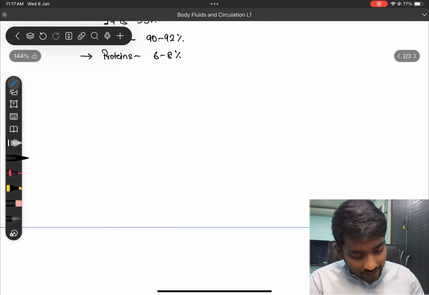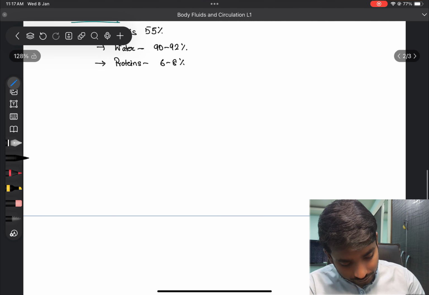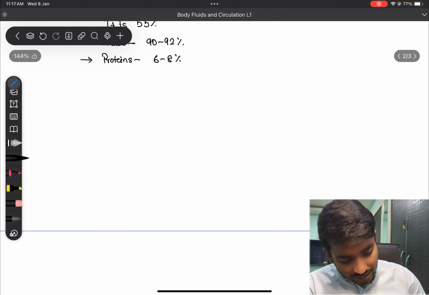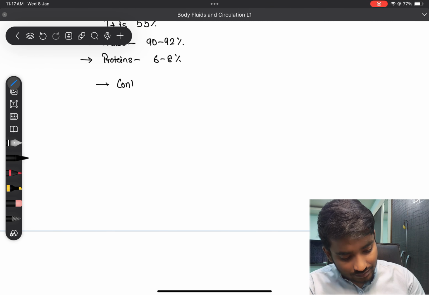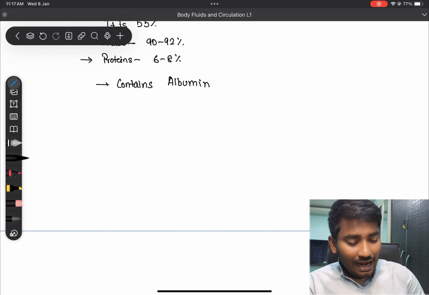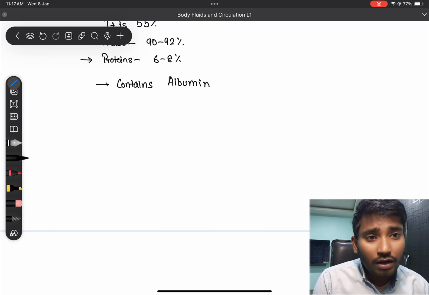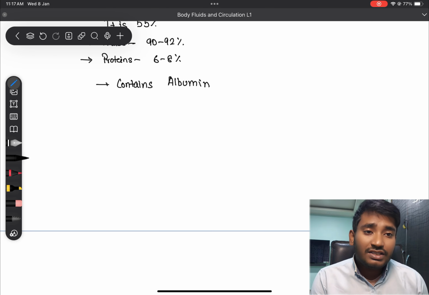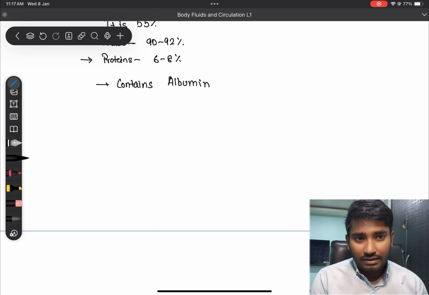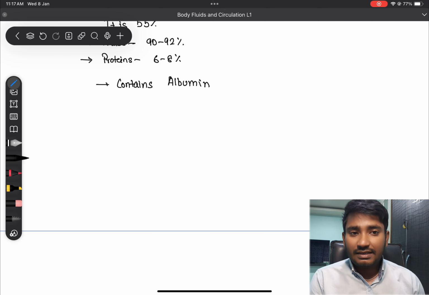It contains albumin. Albumin is solely manufactured in the liver. If a person has low albumin, it is a suspected case of liver disease.